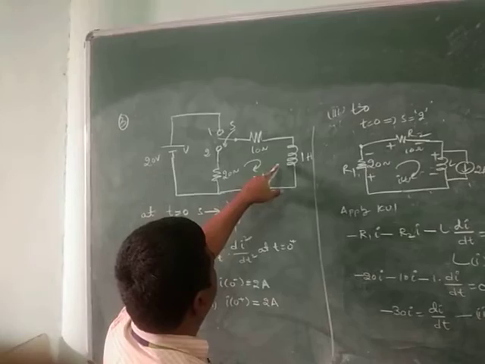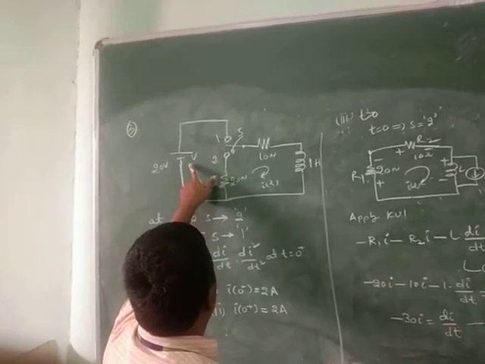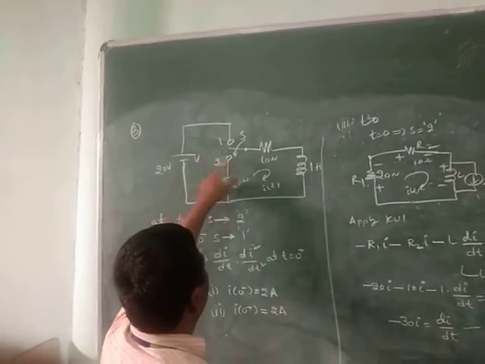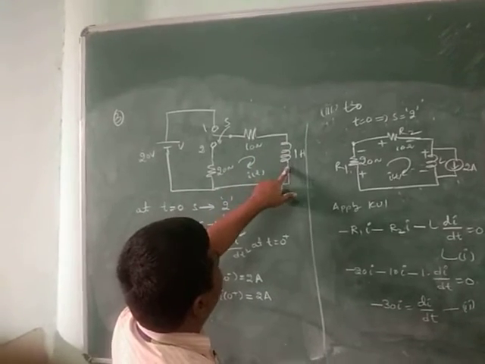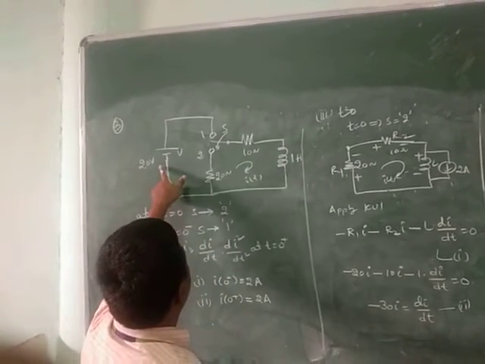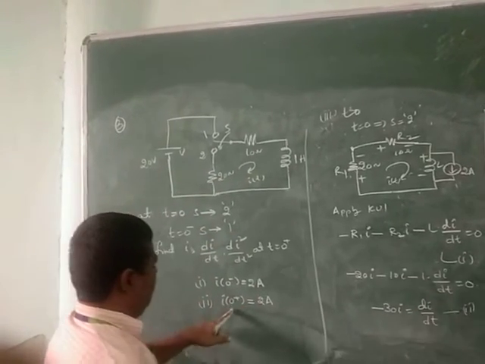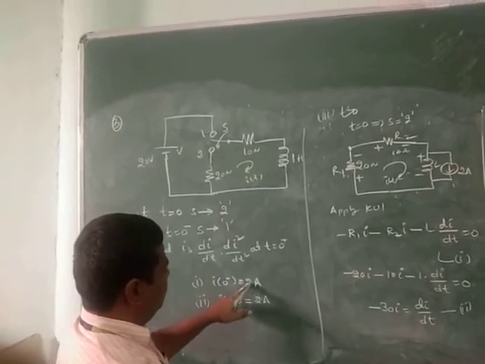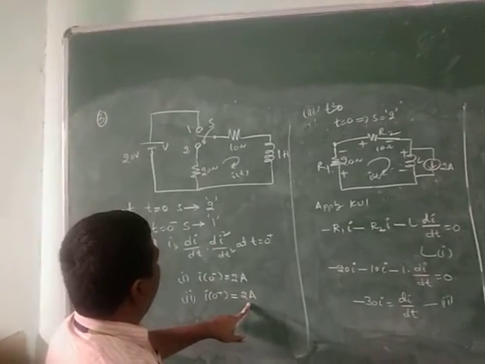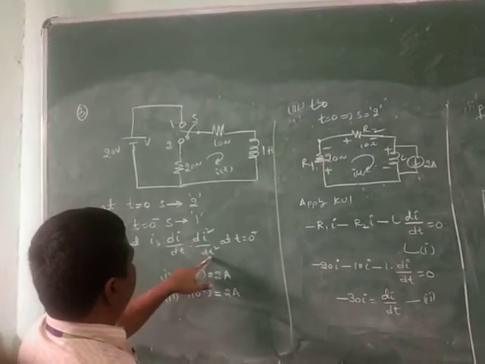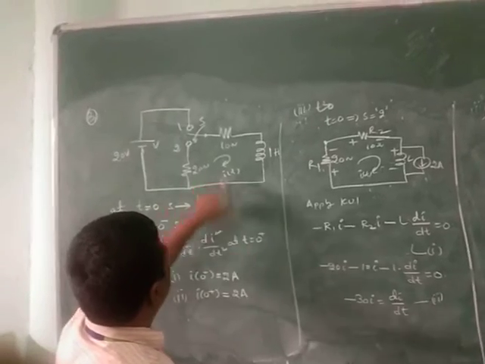How much will it try? The maximum current, which depends upon V and R, and the inductor acts as a short circuit. The maximum current is V by R, that is 2 amperes. I of 0 plus is equal to I of 0 minus, which is also 2 amperes. Now di by dt and d square i by dt square at t is equal to 0 plus.